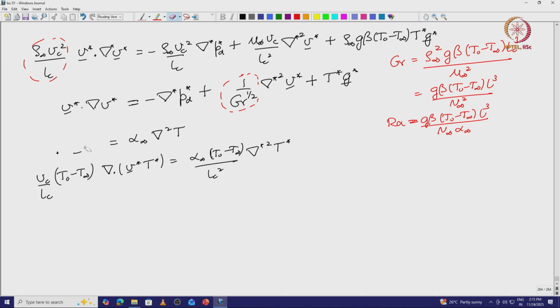So, I could as well write this as V dot grad T. Therefore, if I divide throughout by the coefficient of the term on the left, I will get del star dot V star T star is equal to alpha infinity by L C V C, del star square T star.